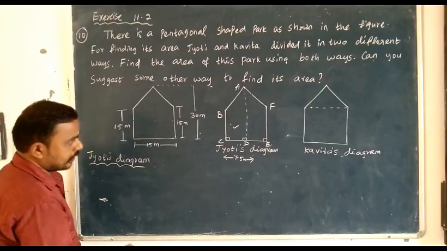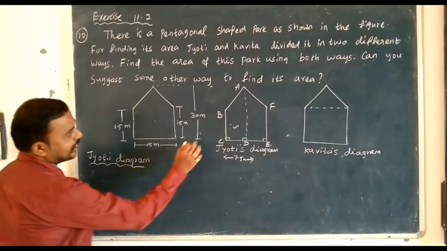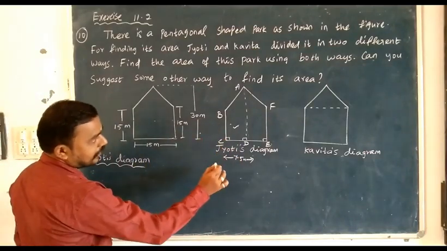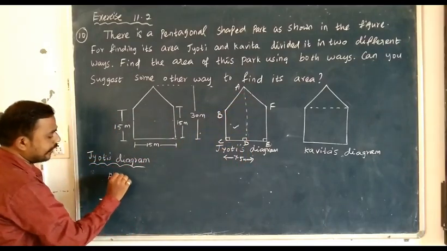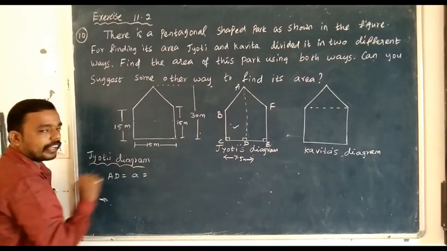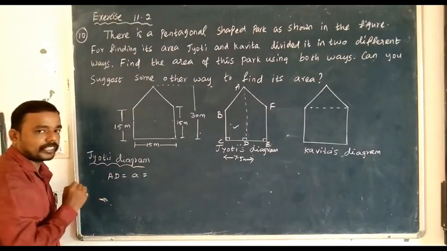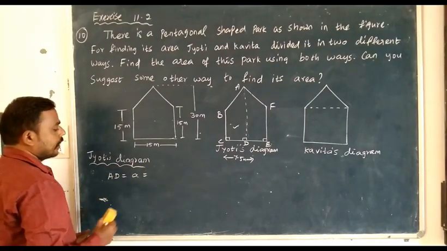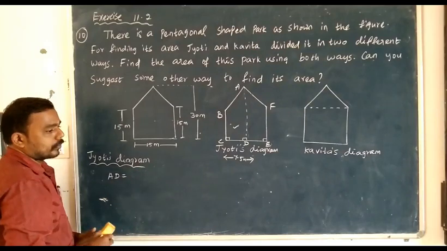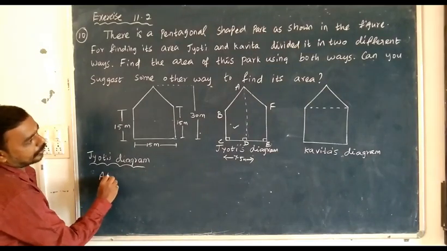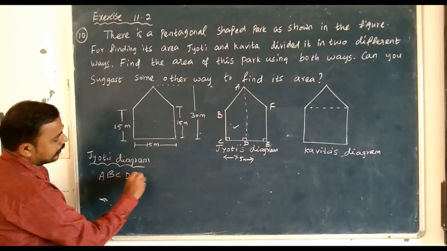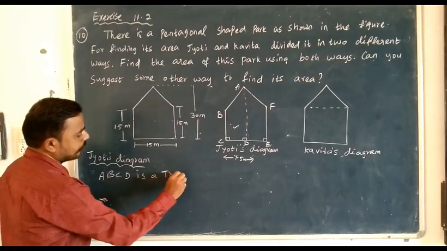So I am going to write the values. Here I am going to consider the sides. Here AD, let AD equal to A, because it's a trapezium. Okay. So AB equal to... So for that, I am going to write: therefore ABCD is a trapezium.